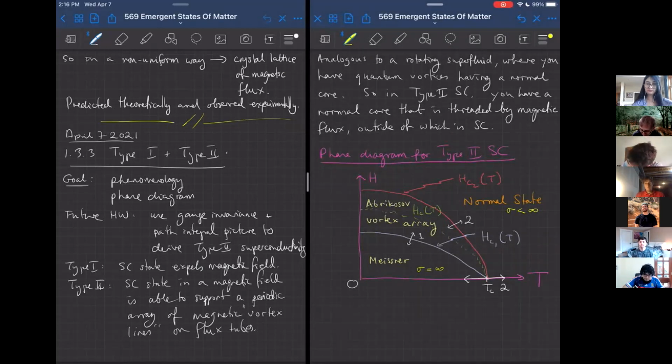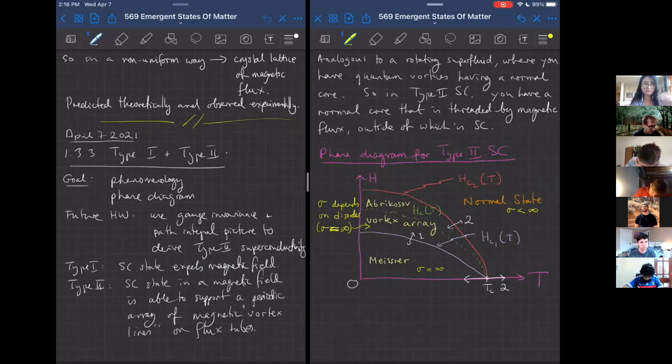The conductivity depends on pinning, so on disorder, but in principle, sigma is equal to infinity, meaning that you do have off-diagonal long range order in a real superconductor. So we'll talk a little bit about that.